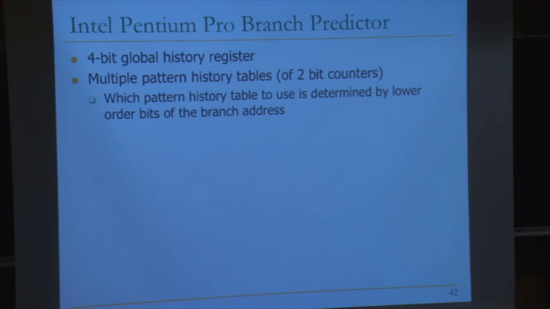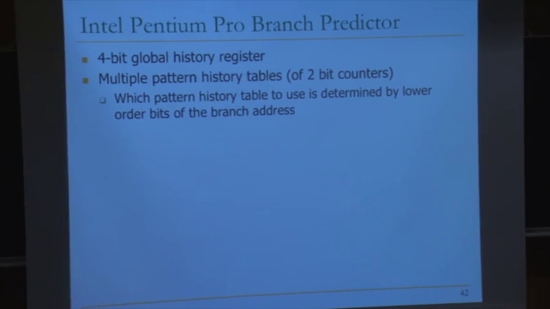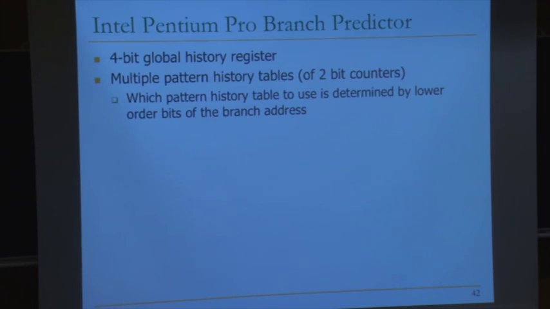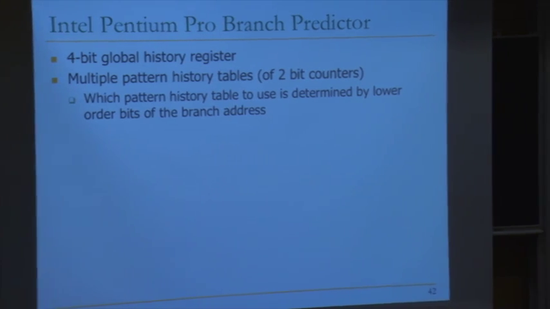So this is actually not something theoretical. These kinds of predictors have been implemented in processors all along, starting with the Pentium Pro. Pentium Pro had this 4-bit global history register, and it had not a single pattern history table, but actually multiple pattern history tables. So you would have this 4-bit register, and that would index into 4 different tables.